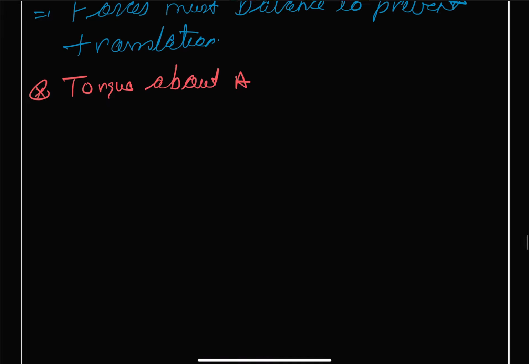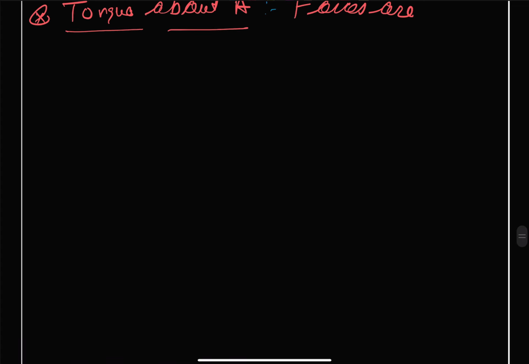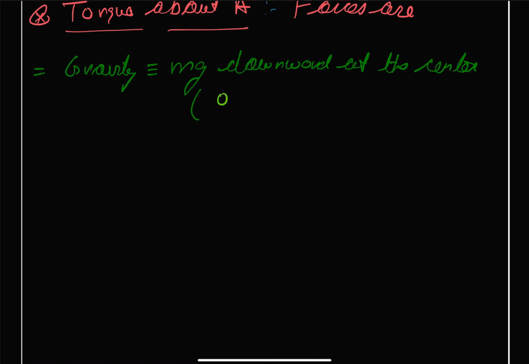And so there are three forces. One will be mg, normal at A and normal at B. You can say the forces are gravity, which is our mg, downward at the center, which is given as 0, 0, and this is our square root of R square minus r square.